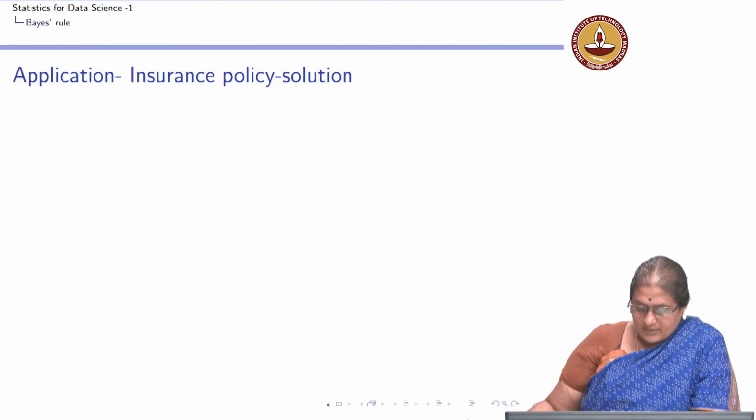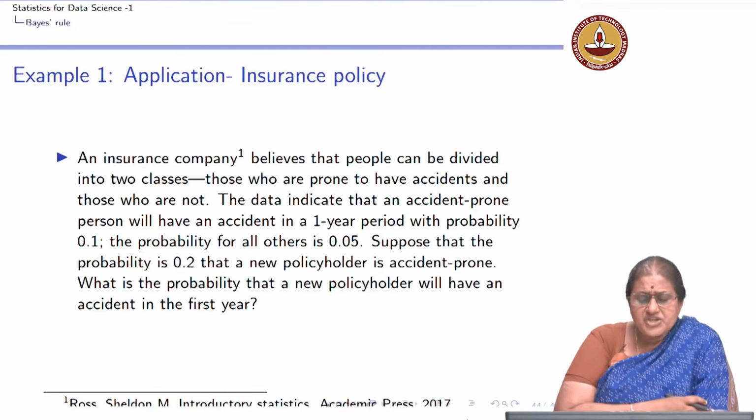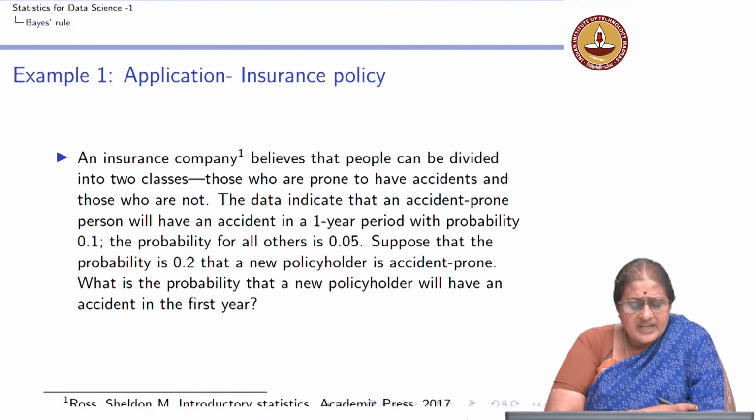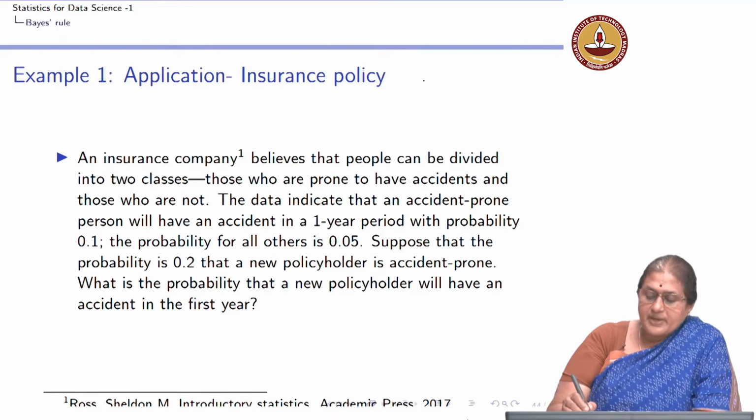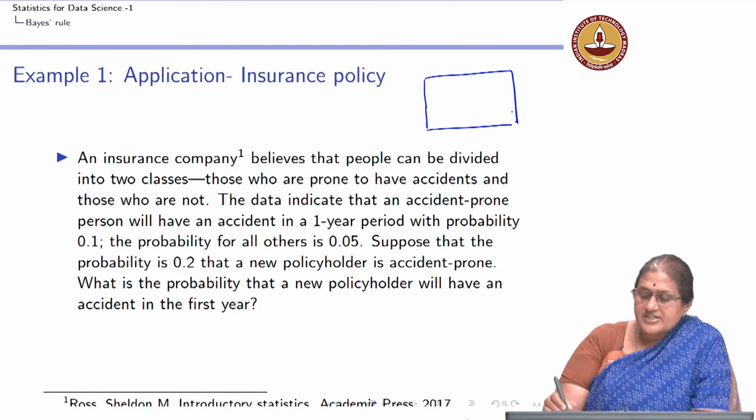So, now the application: an insurance company believes that people can be divided into two classes, those who are prone to have accidents and those who are not prone to have accidents. So, if my sample space is the entire population of people, the insurance company believes that I can divide this entire space into two classes.